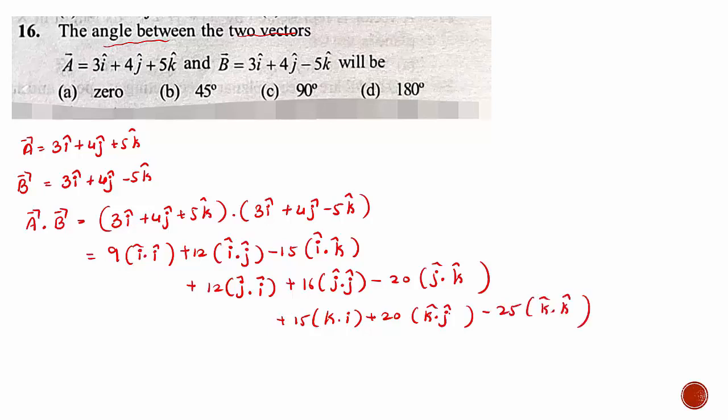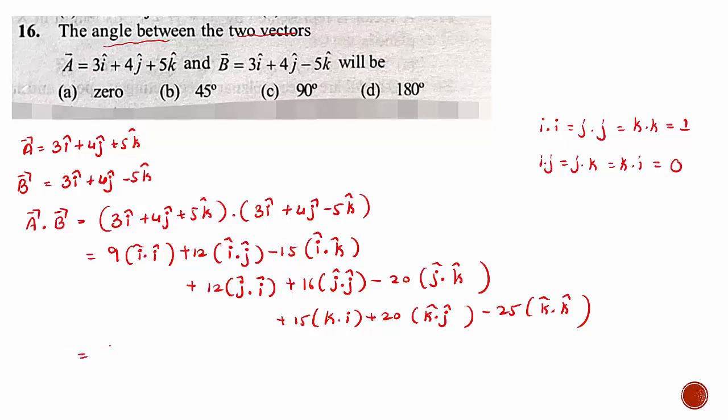We can use unit vectors in the dot products. We know that i dot i, j dot j and k dot k are always equal to 1. i dot j, j dot k, k dot i are always equal to 0.